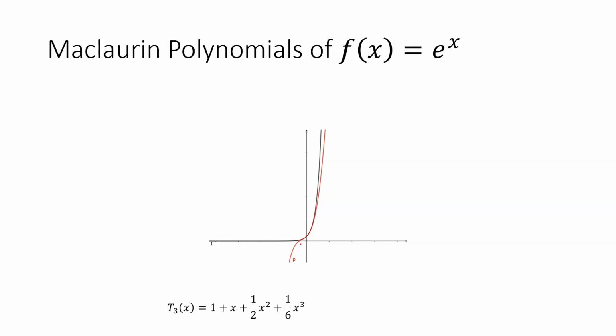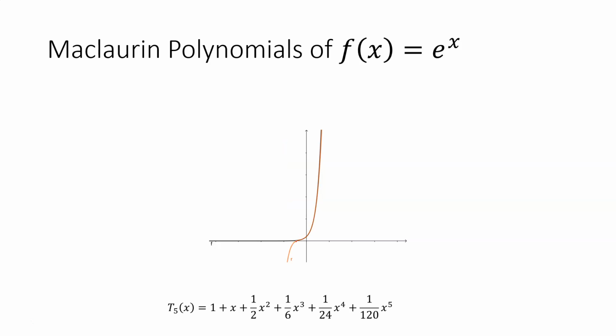And what we notice is that as the degree increases, the polynomials start to fit the curve more and more closely. So here's the third degree. Notice that in this vicinity around the center at x equals 0, the polynomial and the curve e to the x fit pretty closely. Here let's look at the fourth degree Taylor polynomial. Notice again it starts to fit the curve more closely.